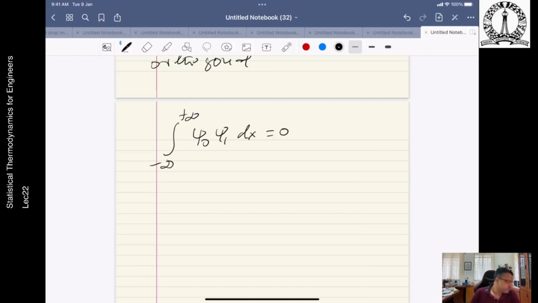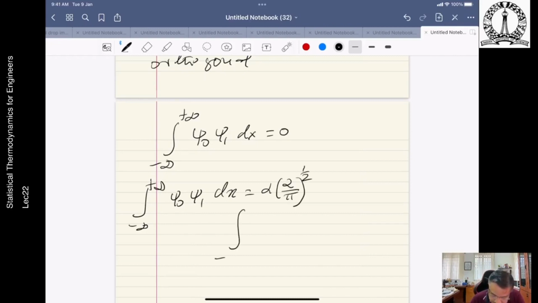So we multiply the two wave functions and evaluate the integral of psi naught into psi 1 dx, which is equal to (2 alpha by pi) raised to the power of half, times the integral from minus infinity to plus infinity of x times exponential of minus alpha x square dx, which is therefore equal to 0.